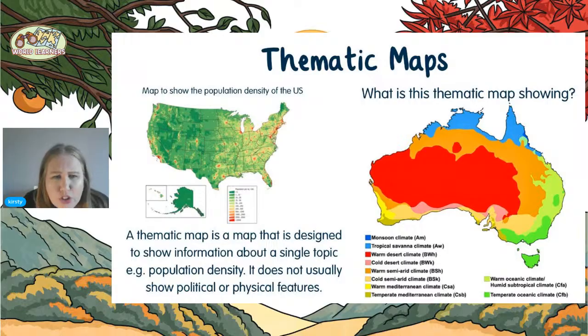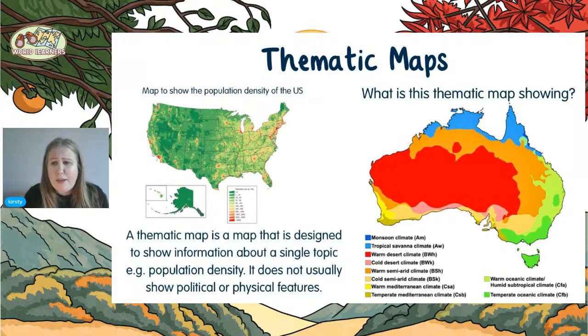Let's have a look. I'm sorry, I'm zooming because my eyes are terrible. I should put my glasses on, really. I'm squinting at the screen. So we've got monsoon climates, tropical, savanna climates, warm desert climates, cold desert climates. So all those different climate areas that we've got there, and that's how that country's been divided, just on the basis of its climate, not by different towns or areas, not by its physical features.